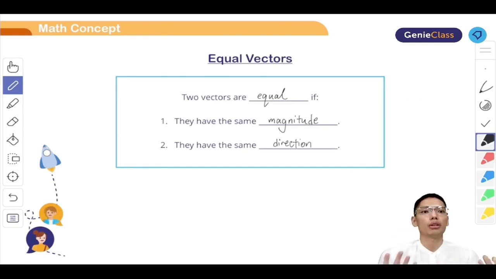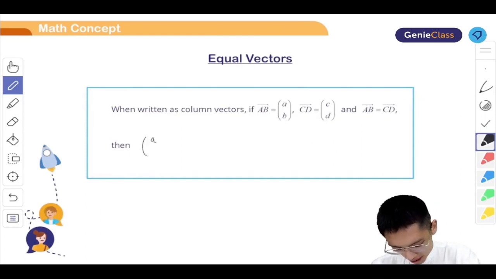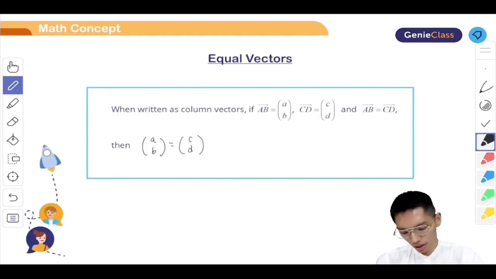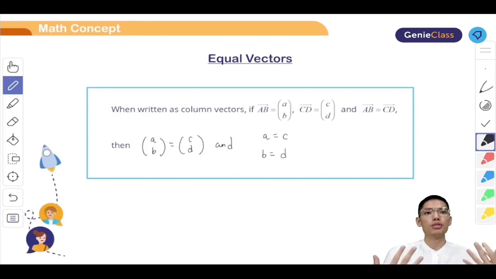So what do they mean to be equal? In this case, if I write them as column vectors, if I say AB is equal to CD, then essentially I'm really just writing AB is equal to CD, where I have my equations to be, both of them are equal, A equals to C, B equals to D.